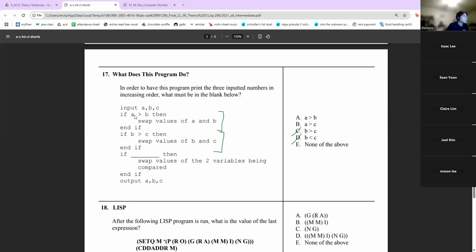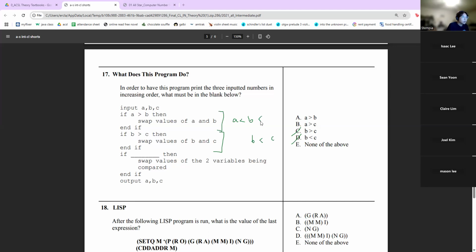We've essentially guaranteed that A is going to be greater than B. No, sorry, A is less than B. We've guaranteed that A is going to be less than B at the end of this if statement. What about at the end of the second if statement? Well, at the end of the second statement, we've guaranteed that B is going to be less than C, as I've already stated before.